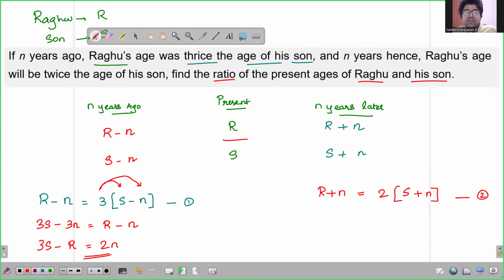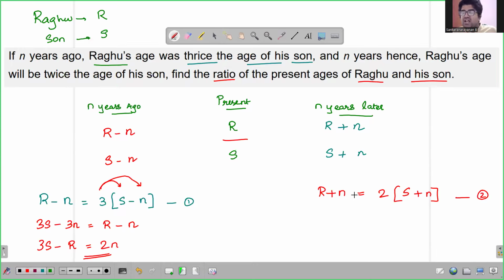Now, I want you to focus on the second condition that is given there. R plus n is equal to 2 times s plus n. Let me take this 2 inside. I can see that 2s plus 2n is coming as R plus n.